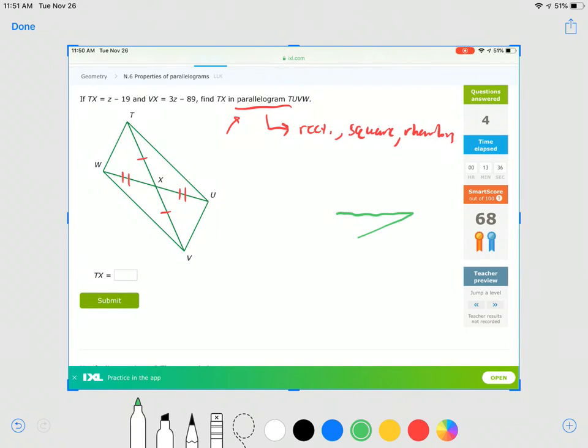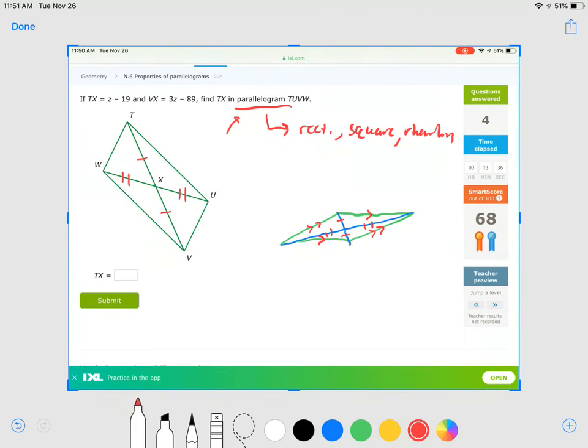Yes. This right here is a parallelogram. This side is parallel to this one. This side is parallel to this one. And when you draw the diagonals, notice how short this one is, but how long this one is.